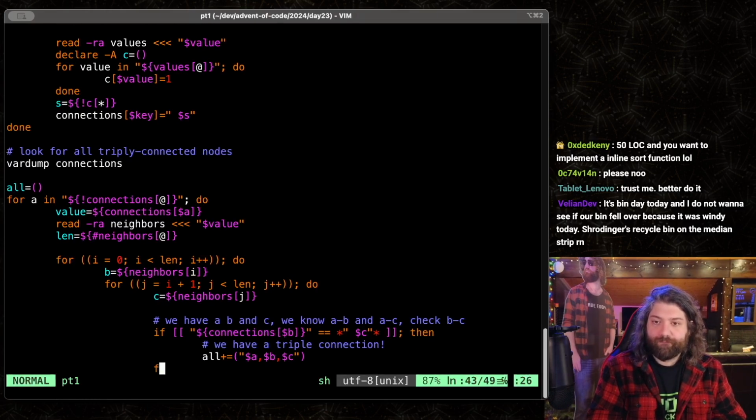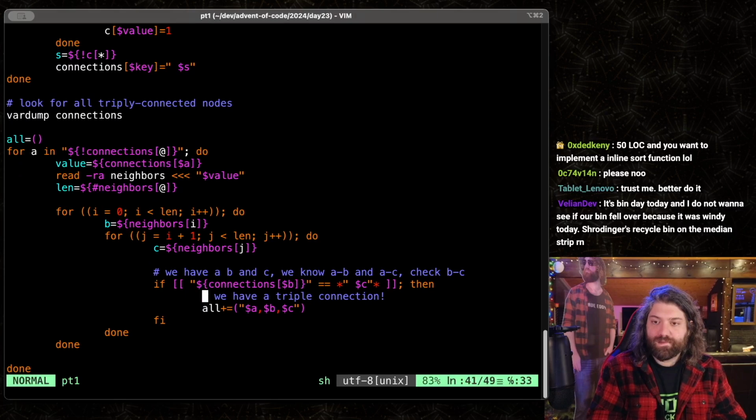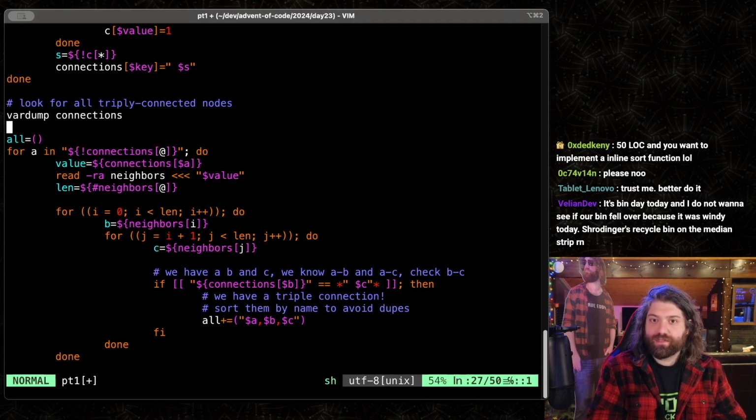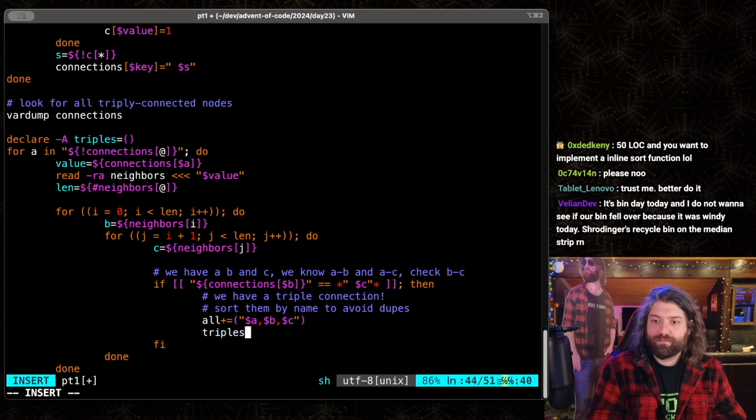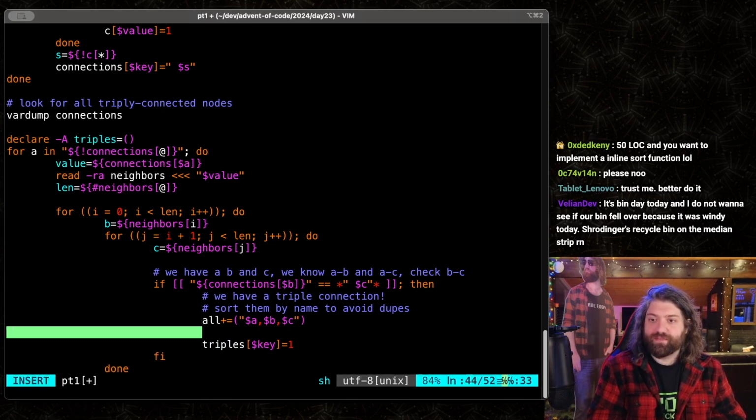Part 1. Sort them by name to avoid dupes. Okay. We'll have to define something called key, and that's fine.